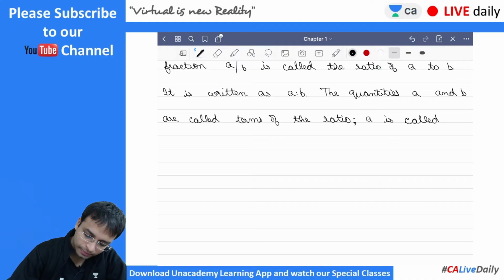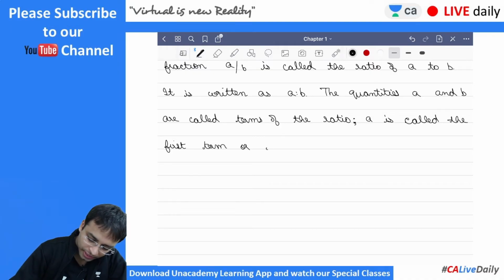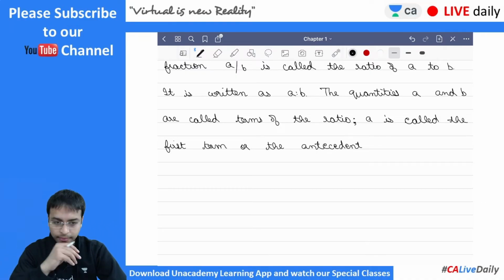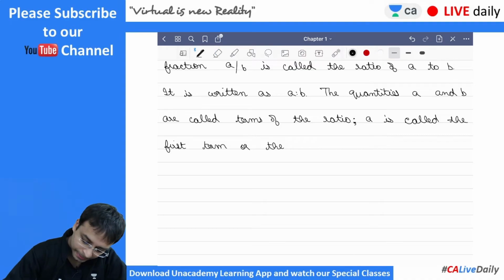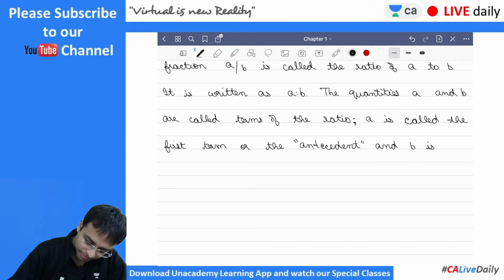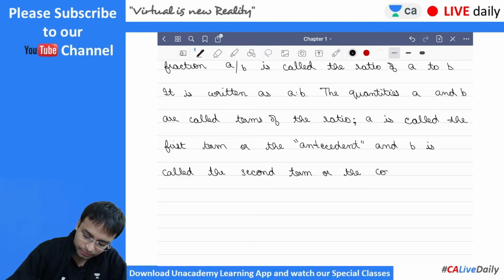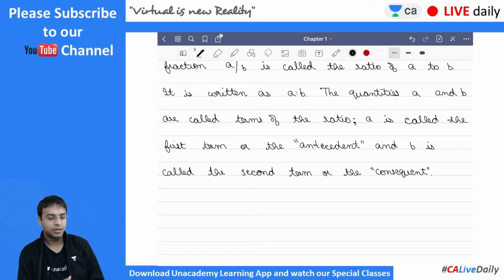A is called the first term or the antecedent, and B is called the second term or the consequent.